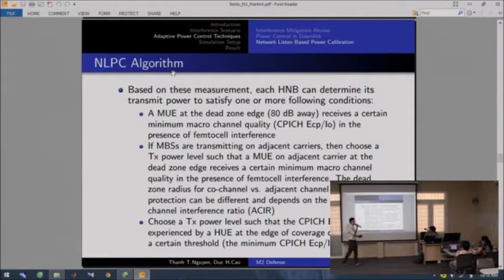a minimum value. So, for example, we have a femto user near the femtocell. This femtocell can detect the user so that it only transmits enough power for this one. It cannot transmit higher power because when it transmits higher power, it can cause interference to the macro cell users around.